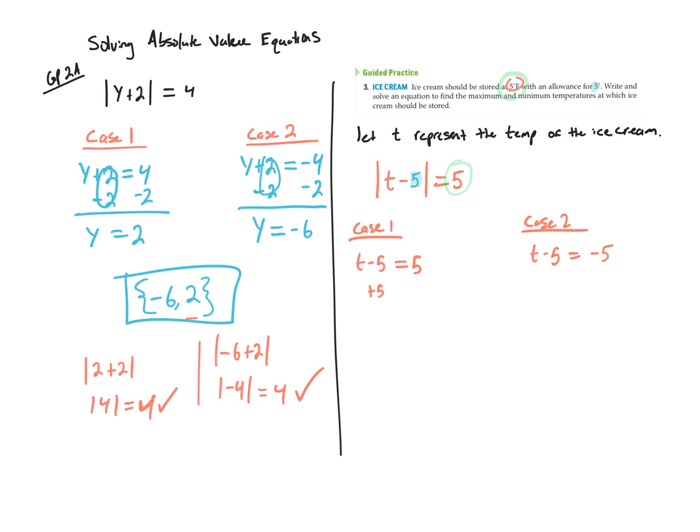I'm going to add 5 to both sides here. Negative 5 plus 5, that's 0. So I have T is equal to 5 plus 5 is 10. Over here, if I add 5 and add 5, negative 5 plus 5 is 0, so I have T plus 0, or just simply T. And then negative 5 plus 5 is 0 as well.